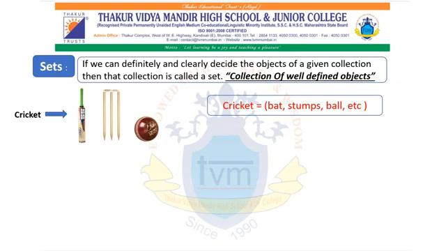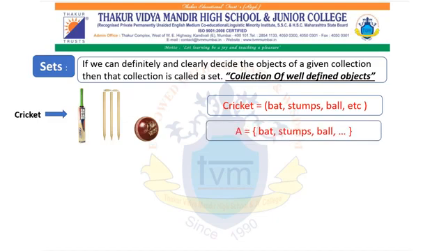So the name of this set can be called cricket, and the well-defined objects we selected can be called elements or members of the set. The same thing in sets can be written as A is a set of bat, stump, ball, and so on.